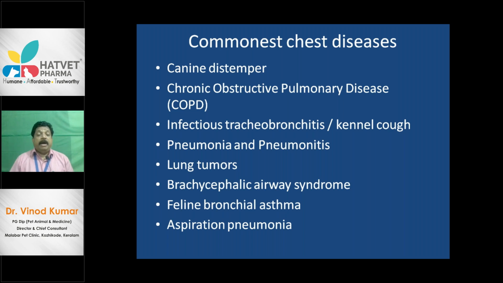Then our very commonly found osteosarcoma, secondary tumors are found in the lung. In every osteosarcoma, it is mandatory that we should take a chest lateral and ventral radiograph. So treatment depends upon the cause.